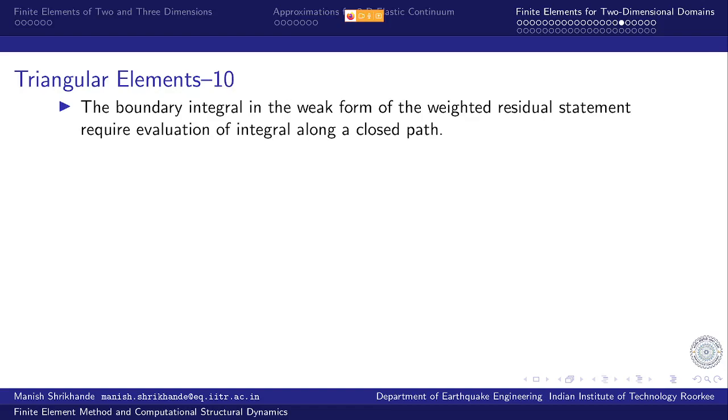The boundary integral in the weak form of the weighted residual statement requires evaluation of an integral along a closed path. We saw that the two-dimensional domain is enclosed by a curve, and the boundary integral requires integration as one moves along that bounding curve in the counterclockwise direction. The positive sense is the normal pointing outward from the domain.